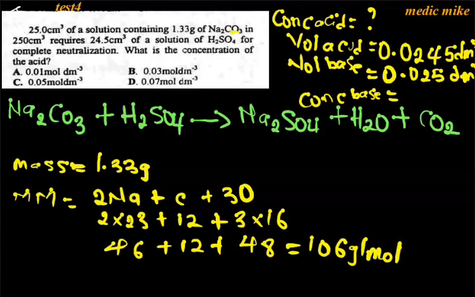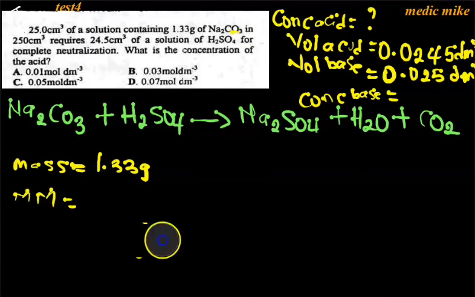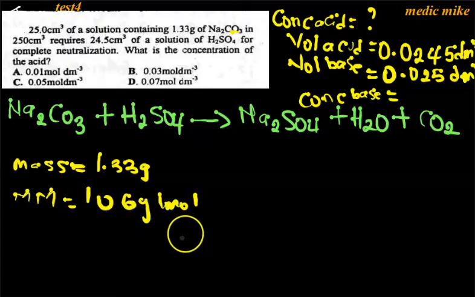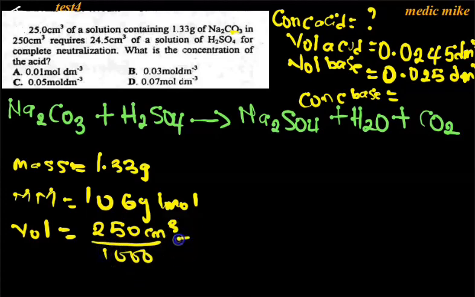So that would be our molar mass, 106 gram per mole. So without taking much time, we'll just write our 106 gram per mole here. We were given a volume of our base, Na2CO3, of 250 cm³, and when we divide it by 1000, it will be 0.25 dm³.